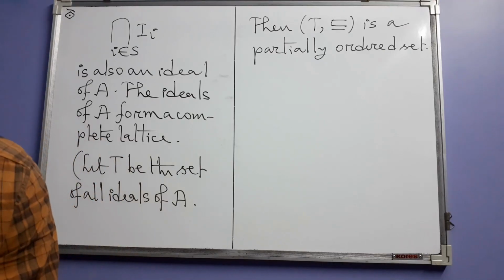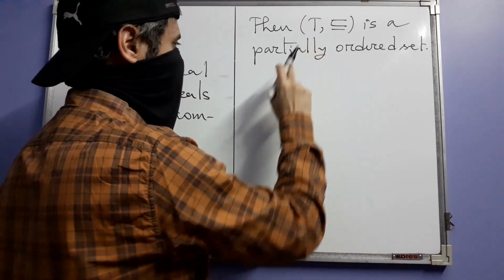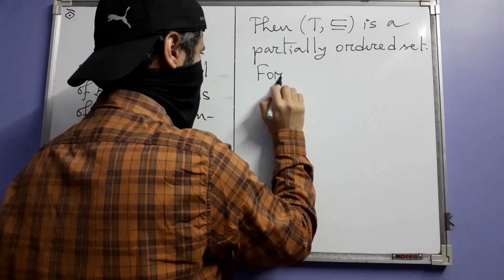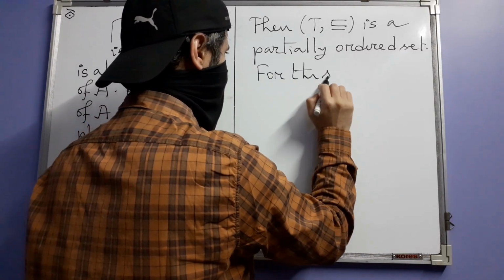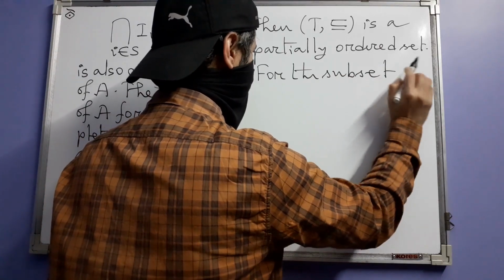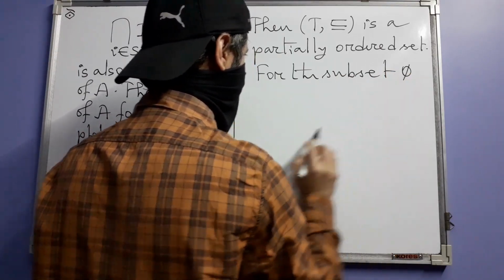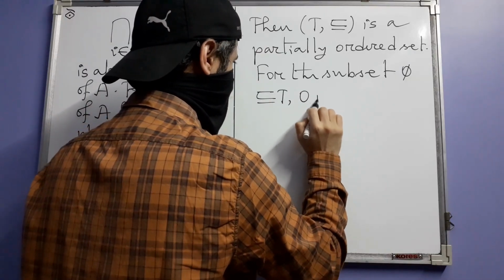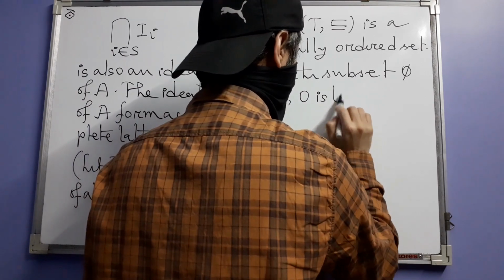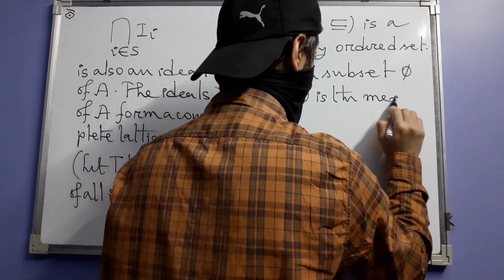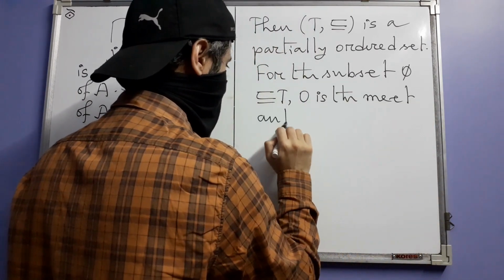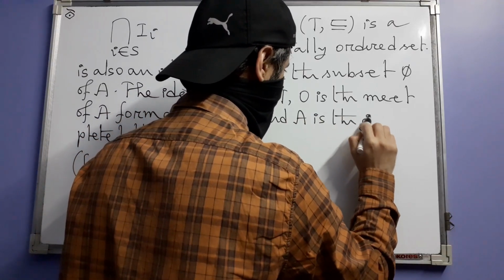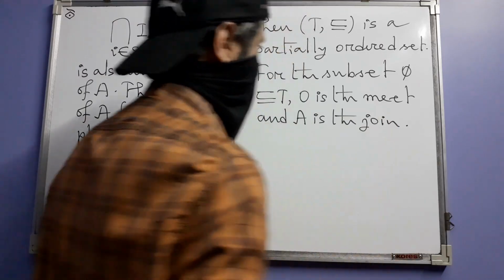And in this case, really, there are different subsets of T that you can choose. The empty set is also one. For the empty subset of T, 0 is the meet and the entire ring is the join.